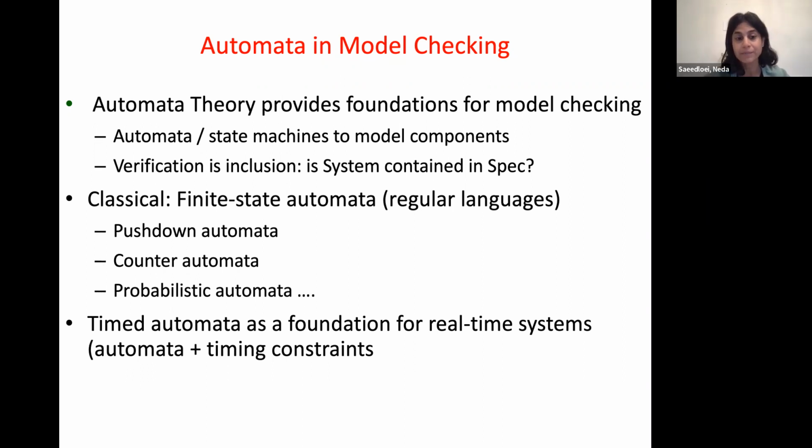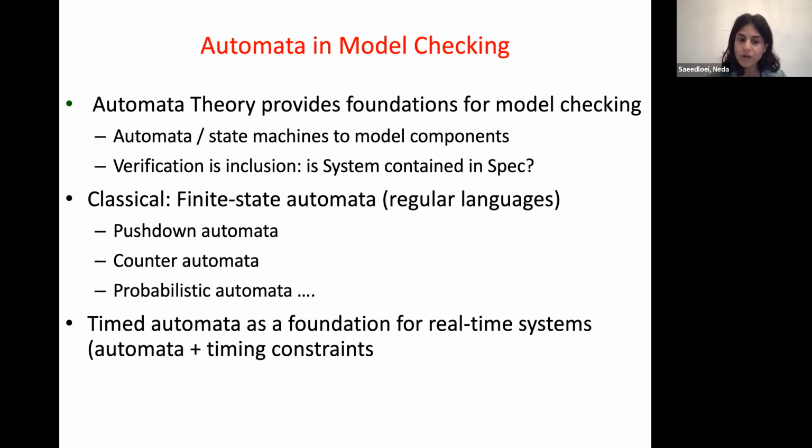But the idea is that we always had automata or state machines to model the components of the system we wanted to model. And then the verification problem reduced to inclusion, whether the implementation of the system is included in the specification.